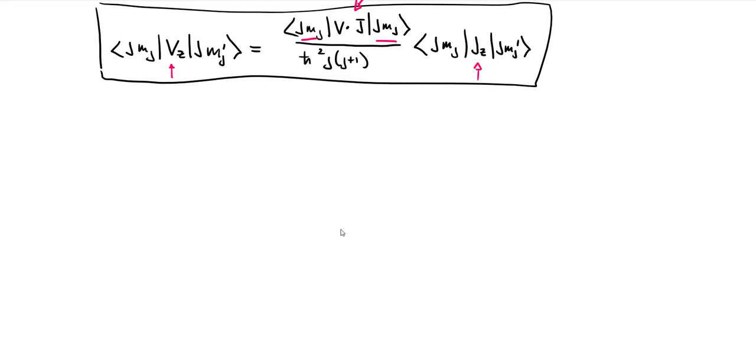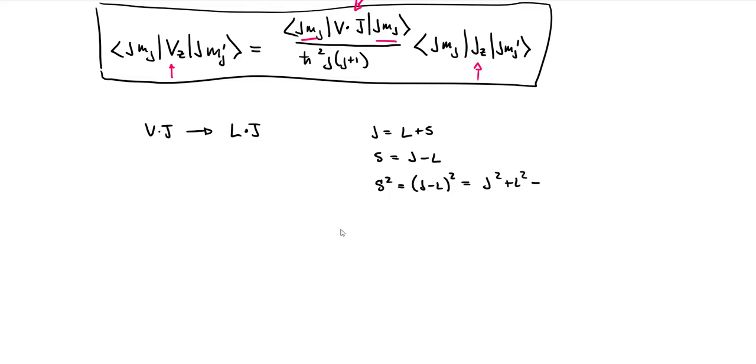To apply this, going back to the case we're looking at, our V·J for our orbital angular momentum is an L·J operator, and we need to figure out what that is. Since J is equal to L plus S, our total angular momentum, S is equal to J minus L, so S squared is equal to (J minus L) squared, which is J squared plus L squared minus 2 J·L.